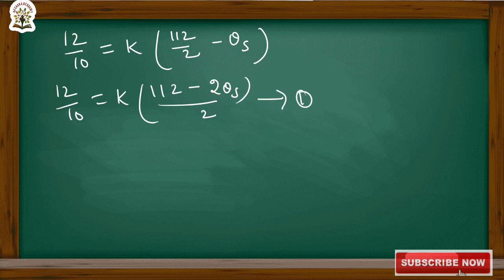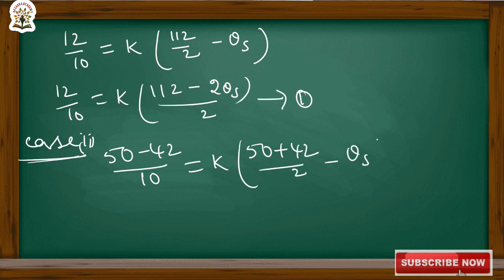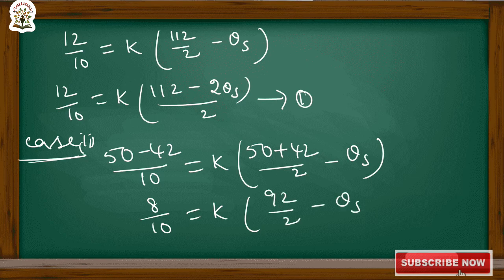Next, for the second case we are writing the same Newton's law of cooling. (50 minus 42) by 10 is equal to k of (theta 2 plus theta 3, 50 plus 42) by 2 minus theta s. 50 minus 42 is 8. 8 by 10 is equal to k of (50 plus 42, 92) by 2 minus theta s.